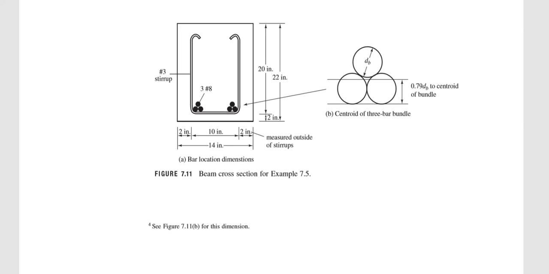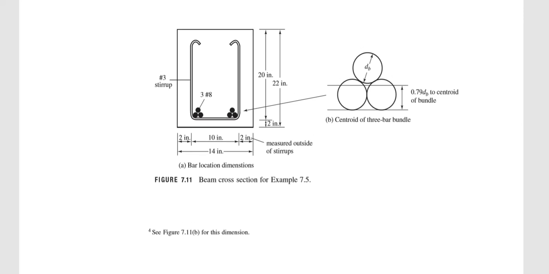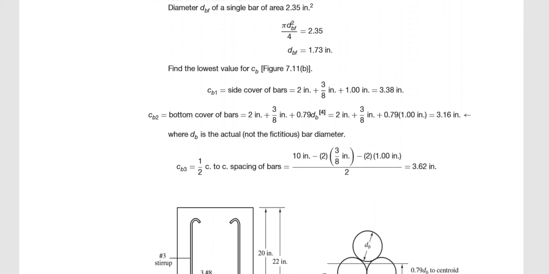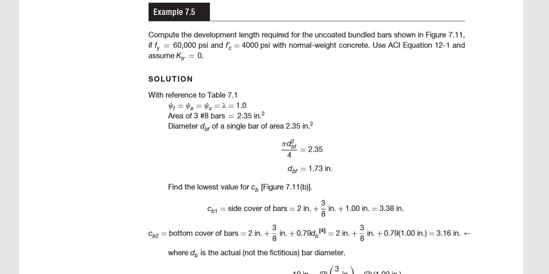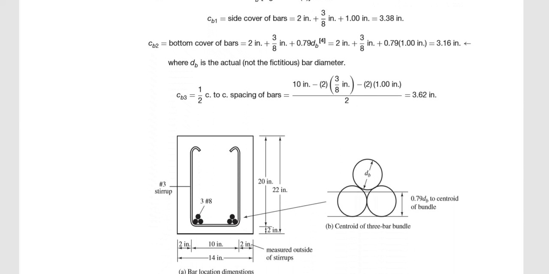S is the center to center spacing of the tie, and that is not given here. So we cannot actually calculate. So this is why maybe they told us to assume KTR is 0. If they told us to calculate KTR, then they would give that value, the spacing of the tie.